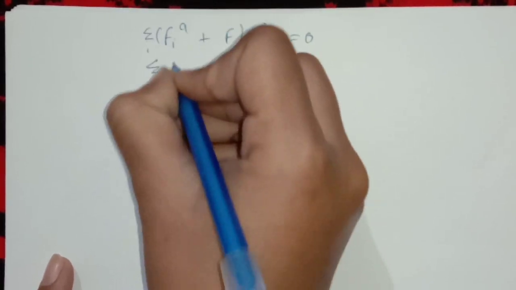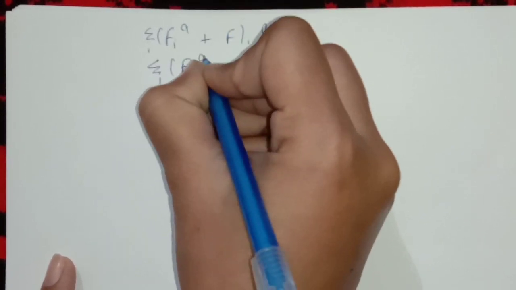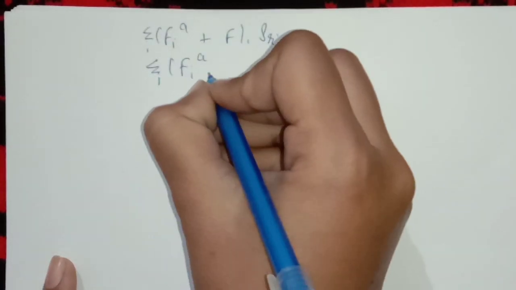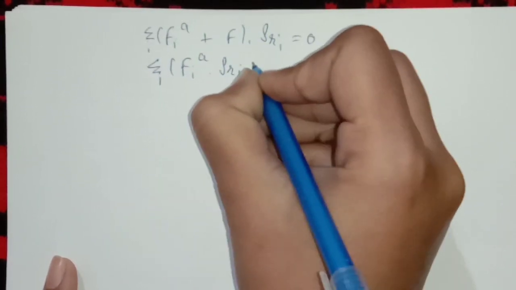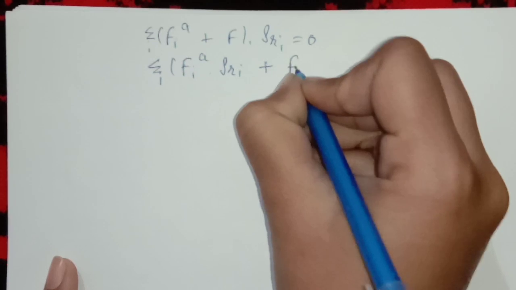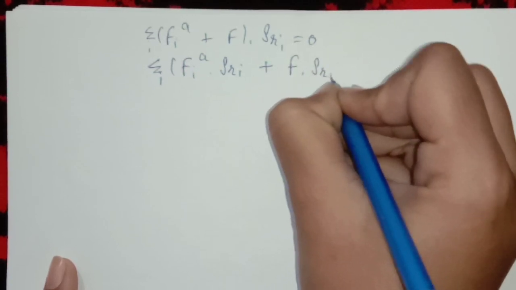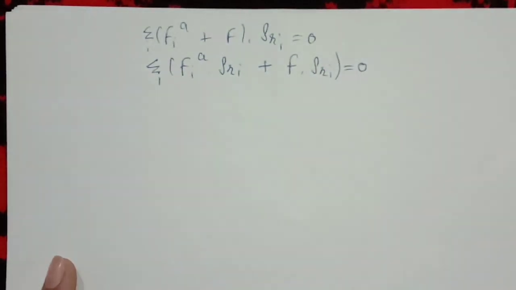So we can write summation i Fia, which is applied force, into virtual displacement, plus constraint force into virtual displacement, equals 0.